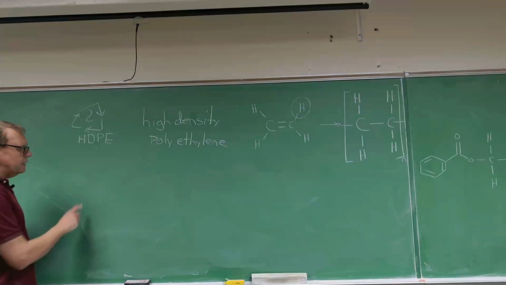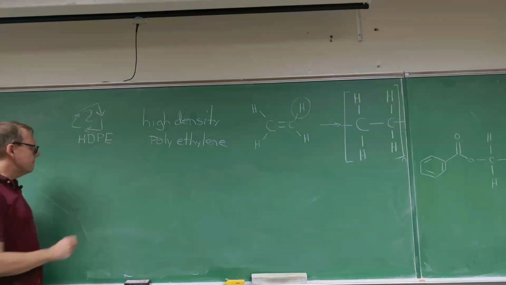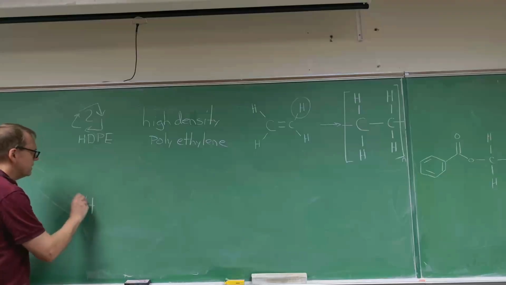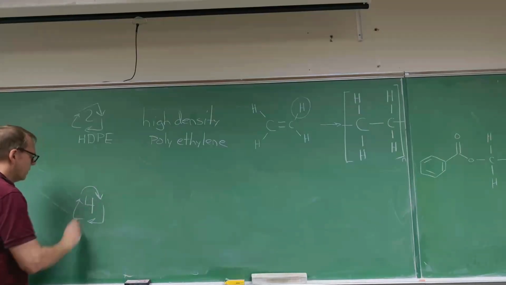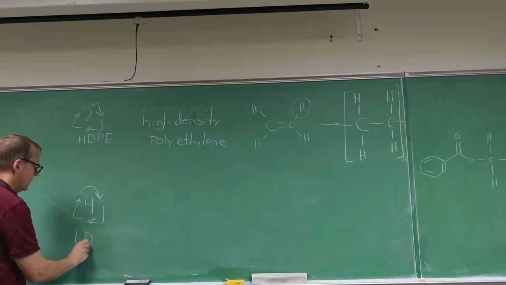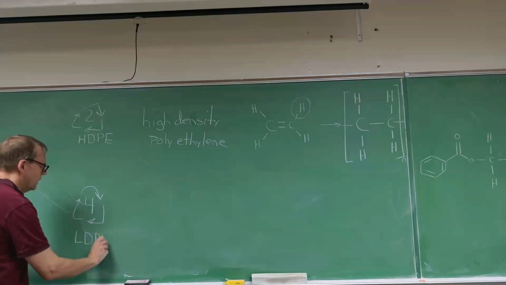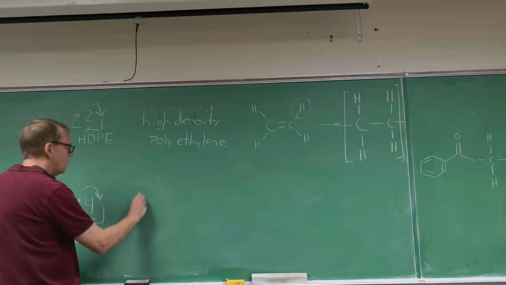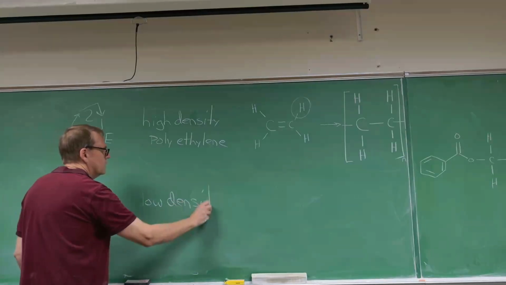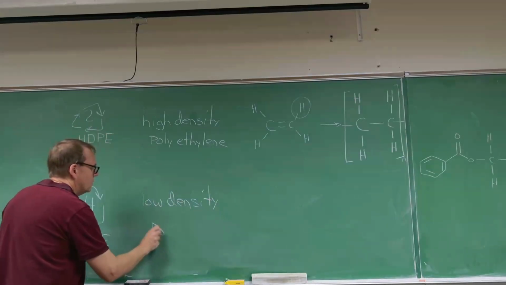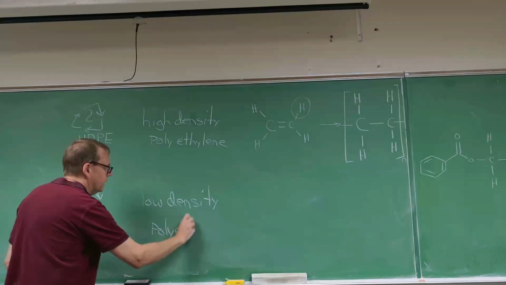There's a related polymer that's very similar in structure. It's got a number 4 recycling symbol with the circular set of arrows. It's called LDPE, low density polyethylene.